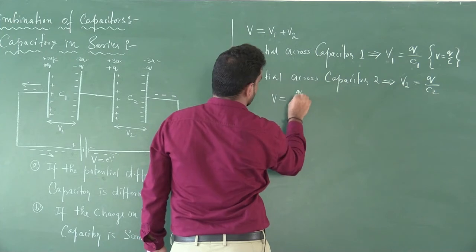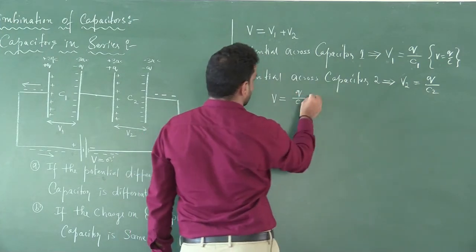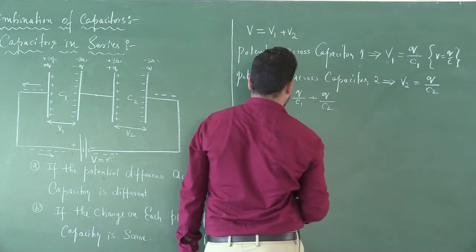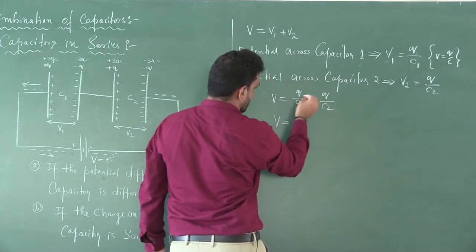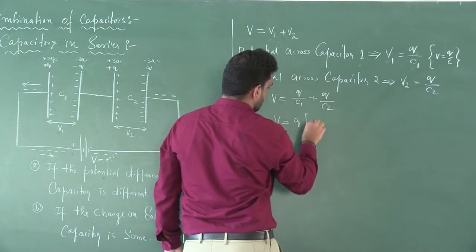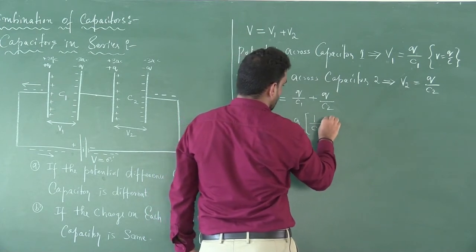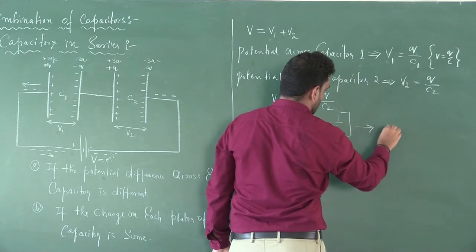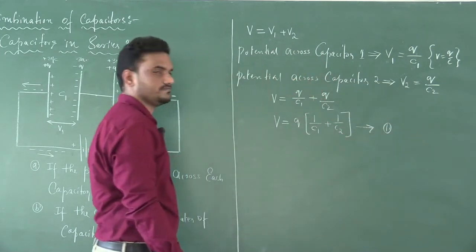V1 is Q by C1 plus V2 is Q by C2. So what we'll get, Q is common, so Q times 1 by C1 plus 1 by C2. We shall mark it as equation number 1.